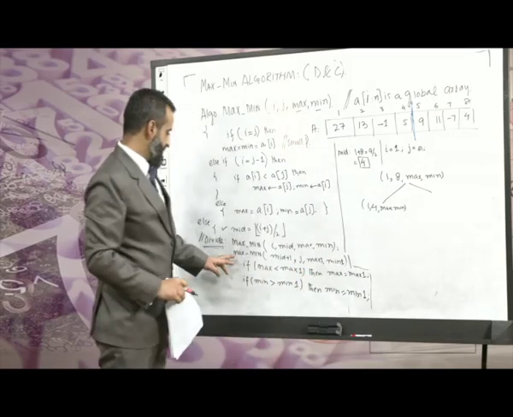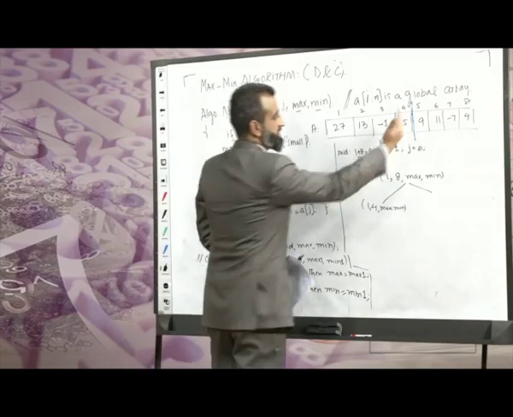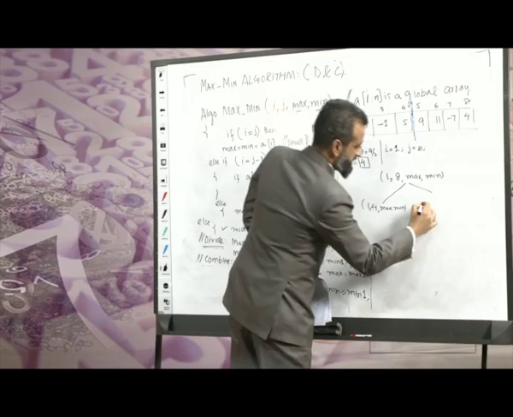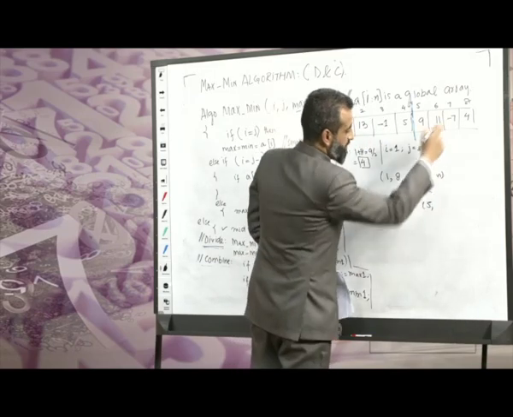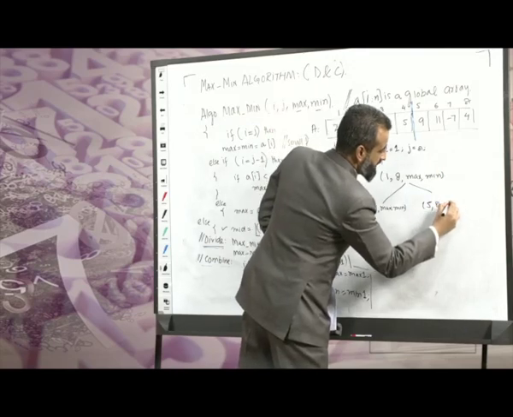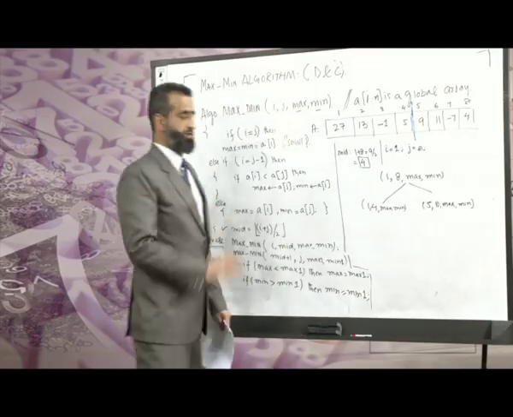The second call here is max min. Now we are starting with mid plus 1, so up to this it's covered. We need to find out the rest of the elements, so it's mid plus 1. So essentially I will start from 5 and go all the way up to 8. Again, in this half, the values of max and min are not known to me. So we'll continue like that, the way it is.